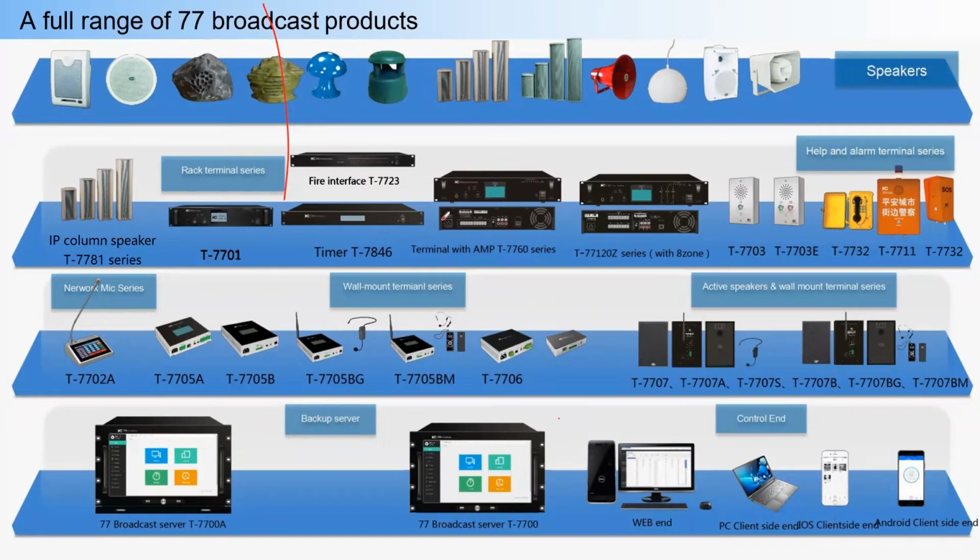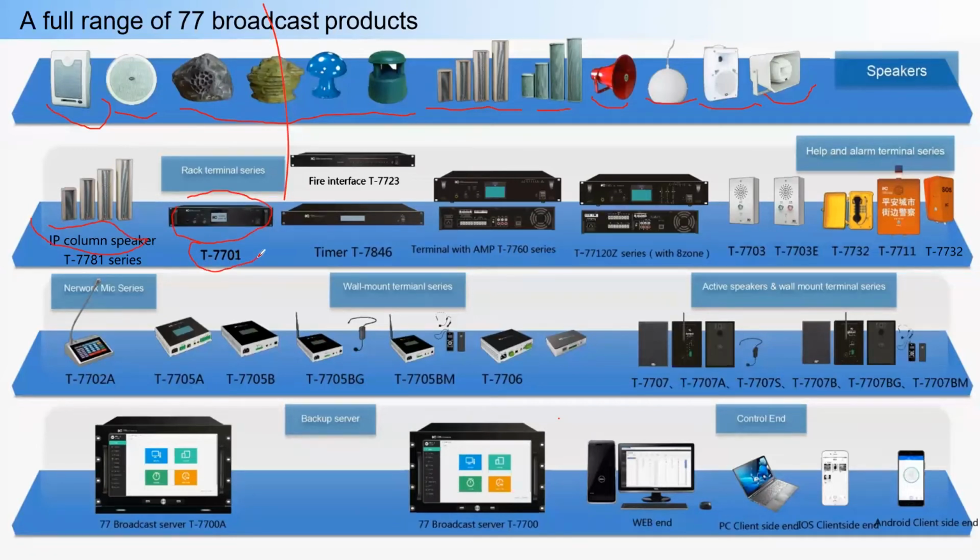These are some products in our 77 broadcast system. We have wall mount speakers, ceiling speakers, garden speakers, column speakers as well, horn speakers and pattern speakers, high quality wall mount speakers, and high quality horn speakers. Also, we have IP-based column speakers, and this one is the terminals.